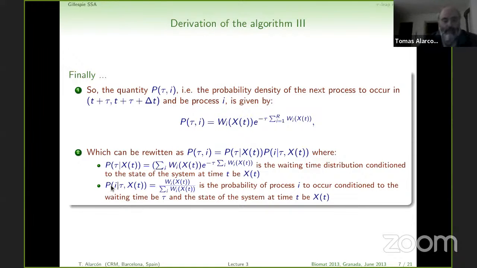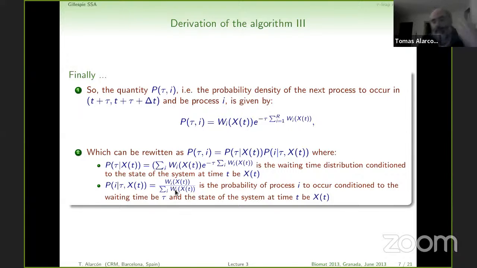Okay, and the probability p of i, conditioned to these two things, is telling you which one of the processes that can affect the state of your system is going to happen.